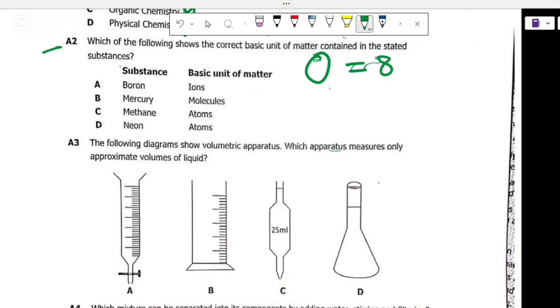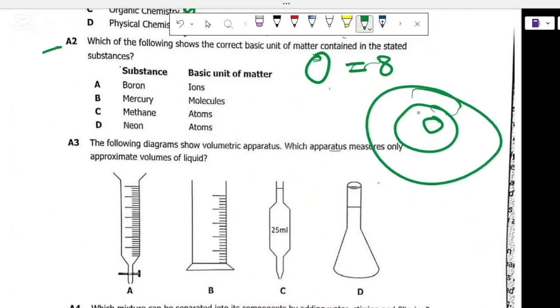How many electrons should be in each shell? Because remember, an atom has got shells. You have the nucleus and then you have shells. You might have a different number of electrons, but you have to know which number of electrons should be put in the first shell and also in the second shell. It's not just about putting all the electrons in the shells anyhow.